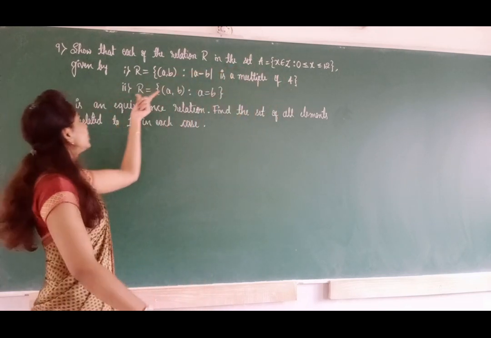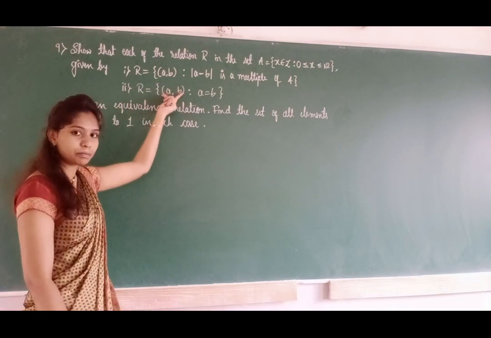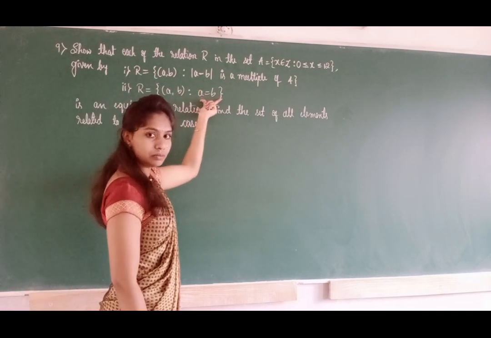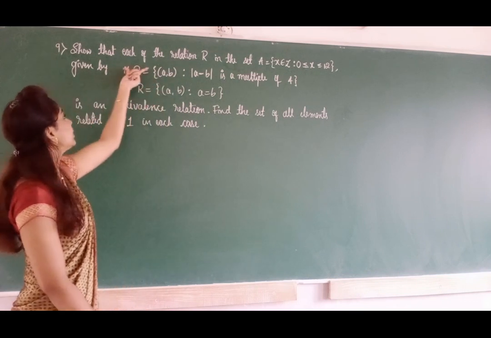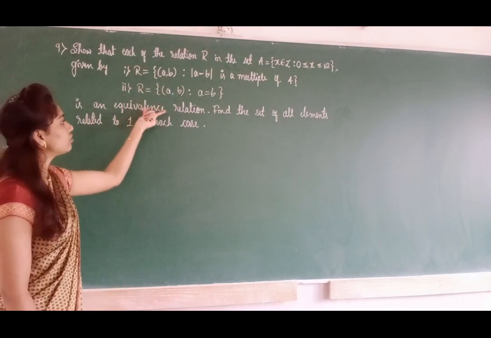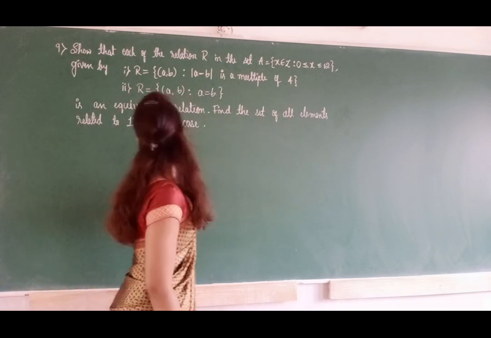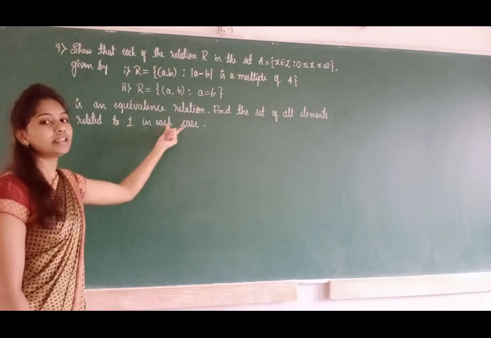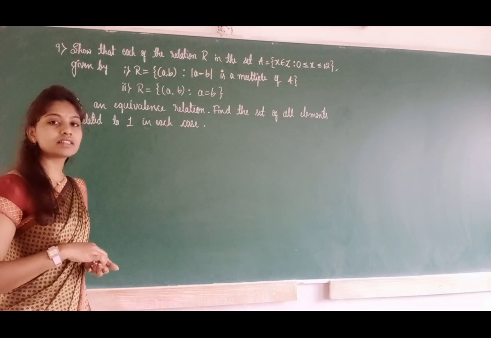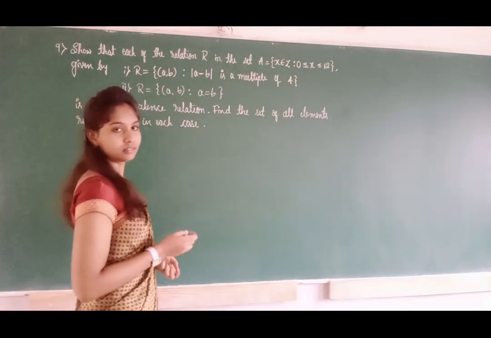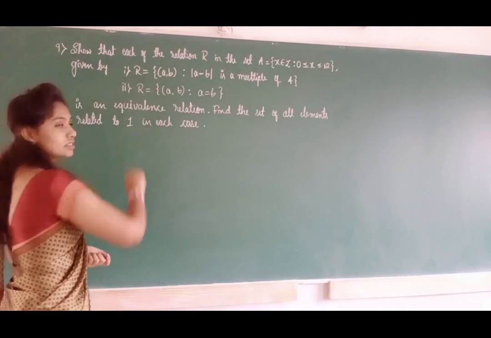And the second one is R is equal to the set of ordered pairs A, B such that A is equal to B. We have to show that these two relations are equivalence relations. Also we find the set of all elements related to 1 in each case, in the first question and second question.